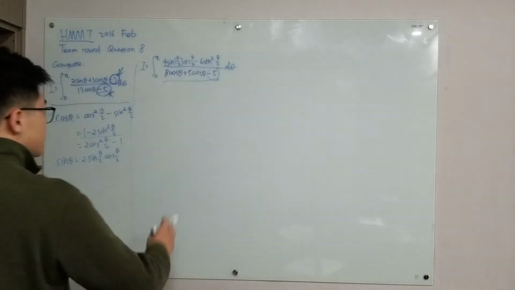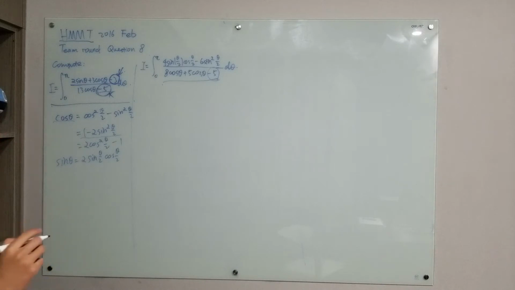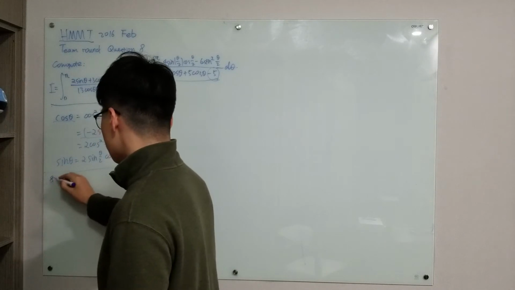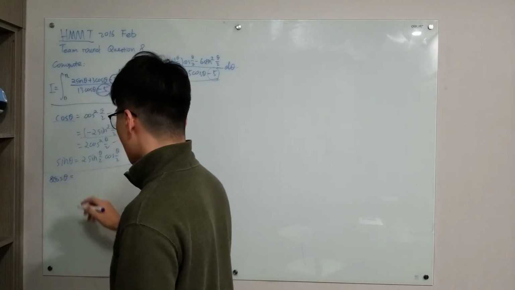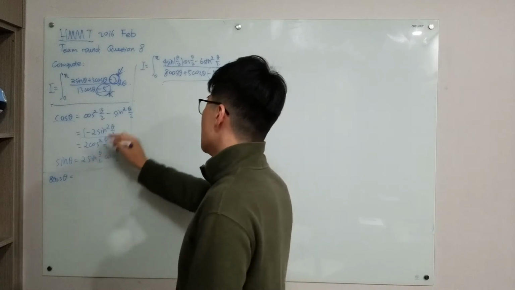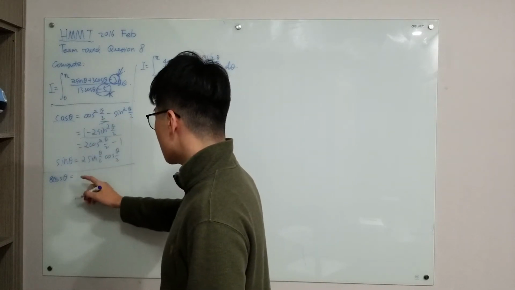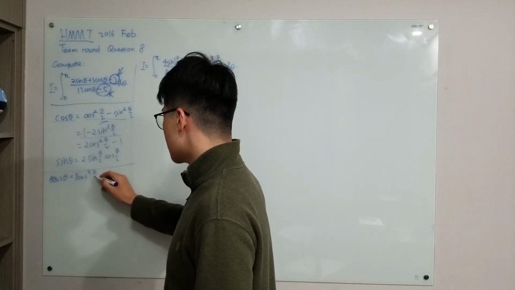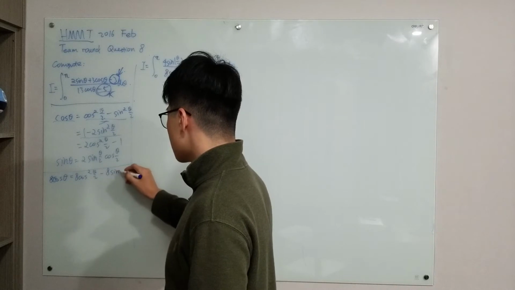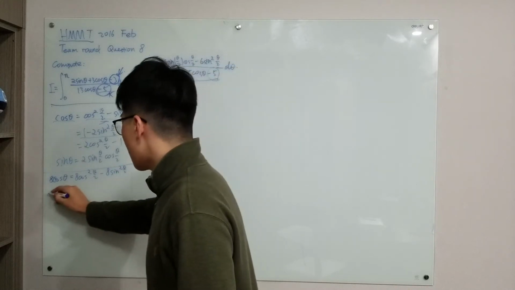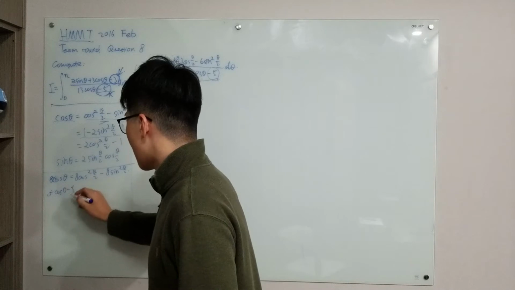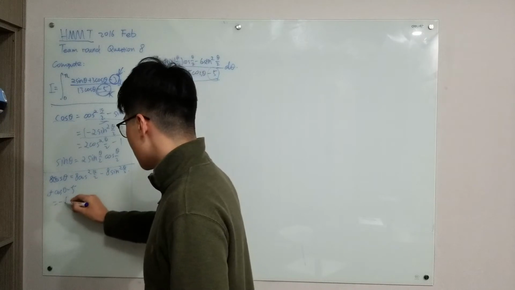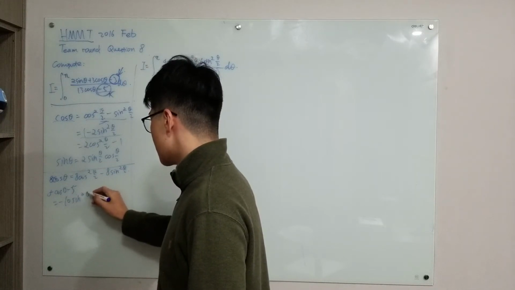For 8 cosine theta we make theta into theta over 2: 8 cosine squared theta over 2 minus 8 sine squared theta over 2, and 5 cosine theta minus 5 is just negative 10 sine squared theta over 2.